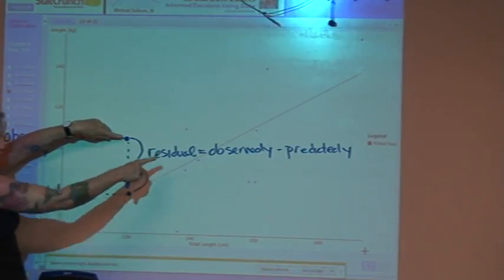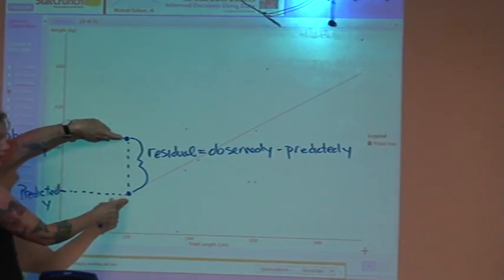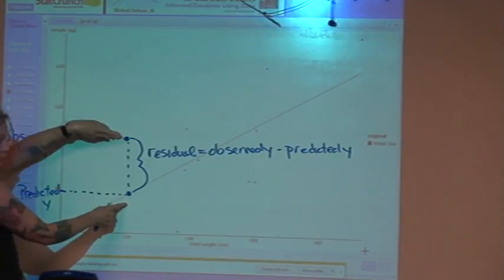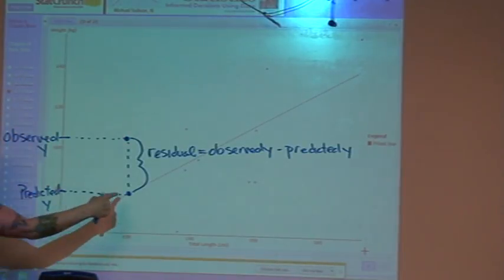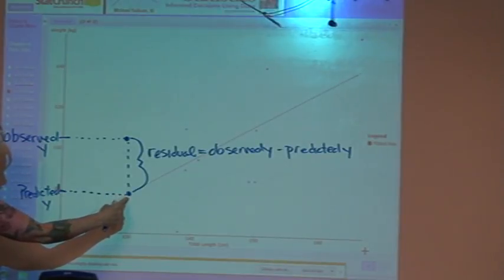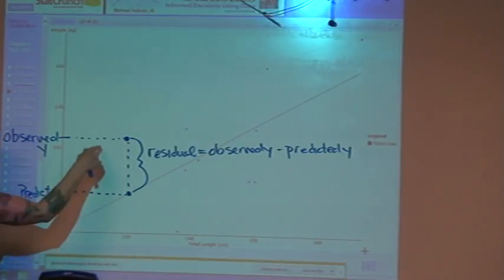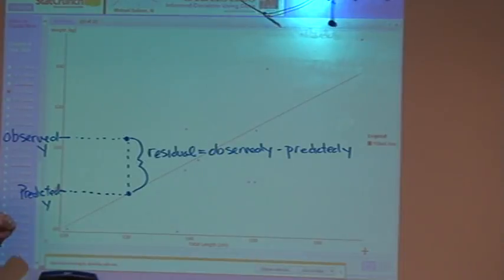The number itself is going to be positive, but it's an underestimate because where this number is getting predicted is smaller than what we observed. Positive residual is an underestimate. Why? Because the observed y is larger than the predicted y.